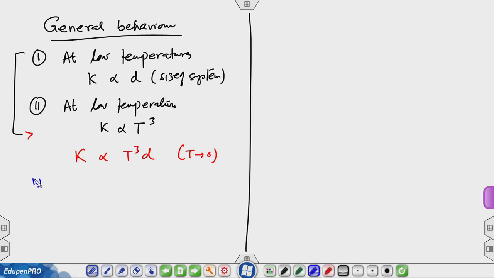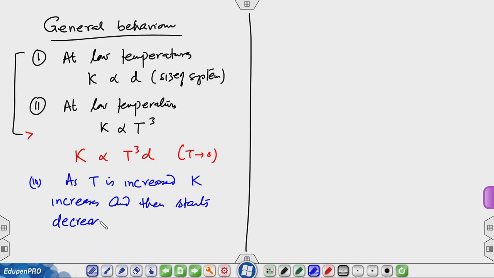Third, as T is increased, K increases, or kappa increases, and then it starts decreasing as exponential some constant over T. Four, at temperature going to very large, and I will explain in a minute what large and small means, this conductivity appears to go as T inverse.